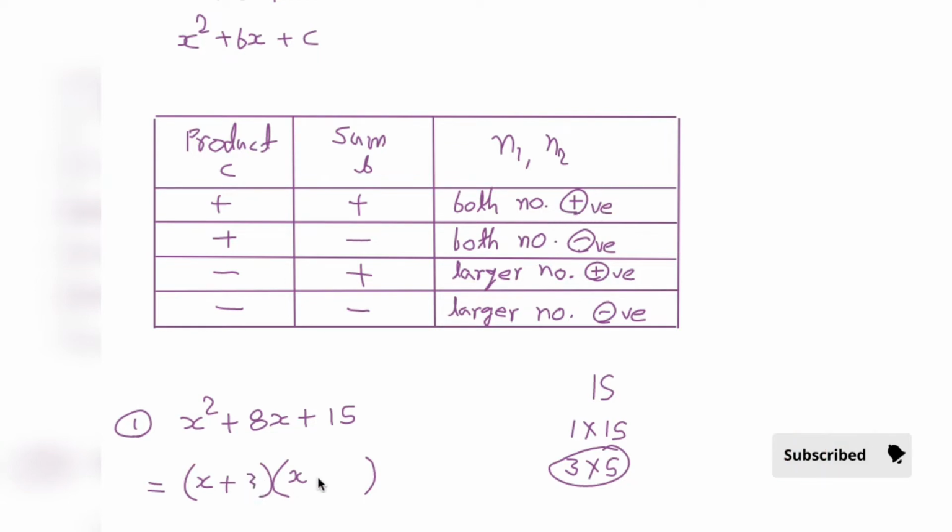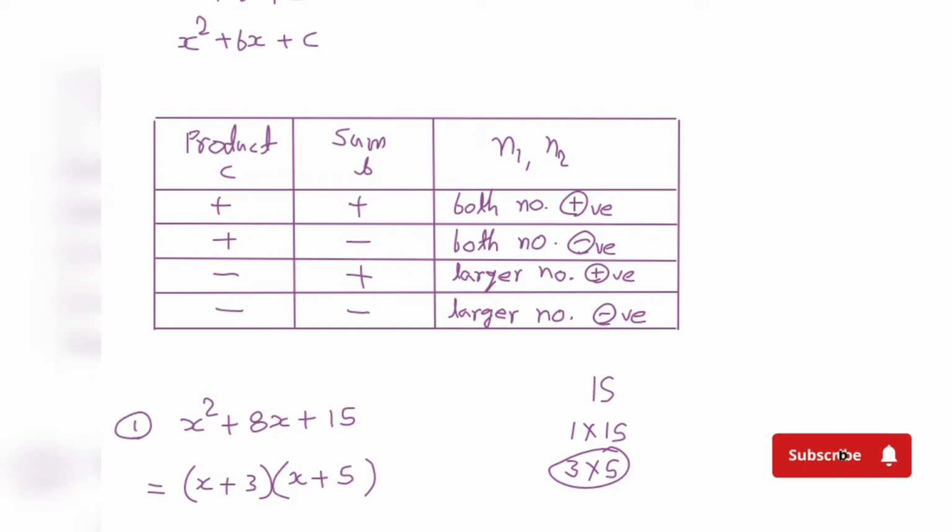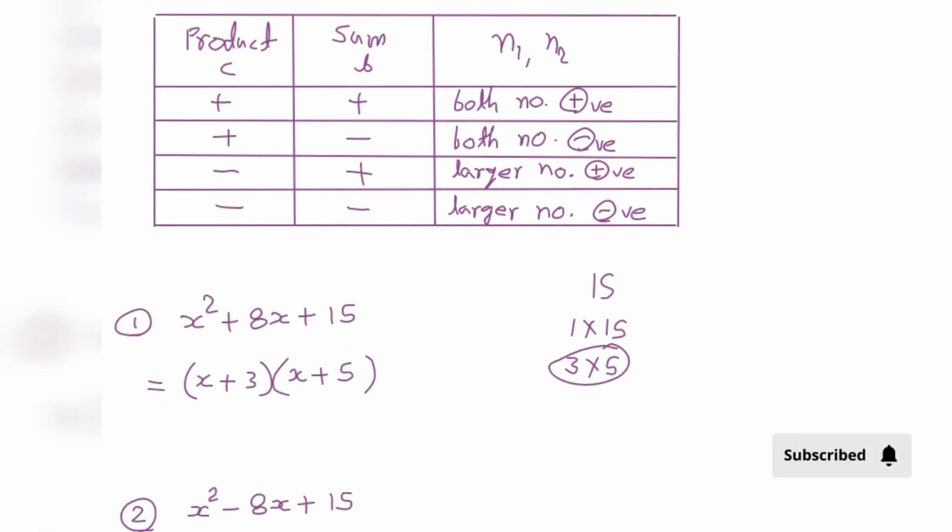So x plus 3, x plus 5. You can use the FOIL method to solve and check whether we get the original expression. It's your exercise. If you have any doubt, you can ask me.